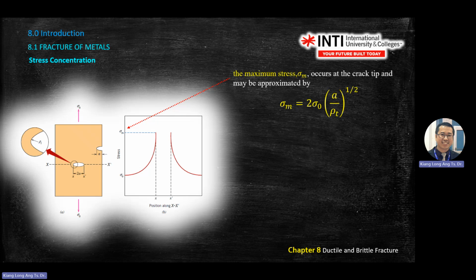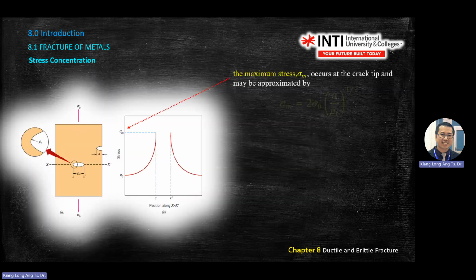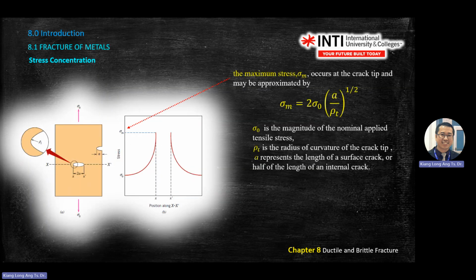The maximum stress, sigma m, given by this equation, occurs at the crack tip and can be approximated by this one. Sigma m equals 2 sigma o. Sigma o is the nominal stress just now. Nominal stress means the normal stress that you observe on the surface. Usually the question will give you a nominal stress.